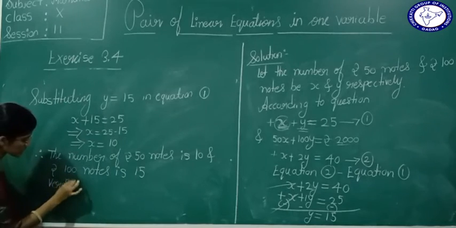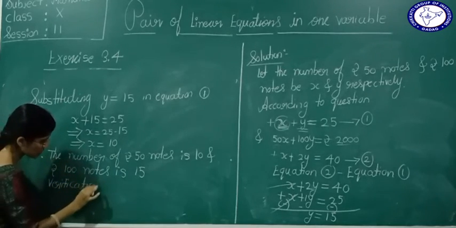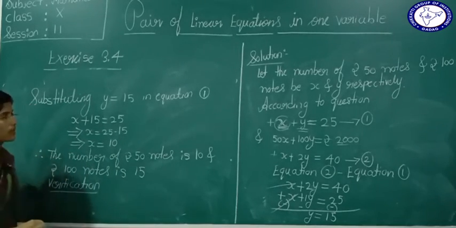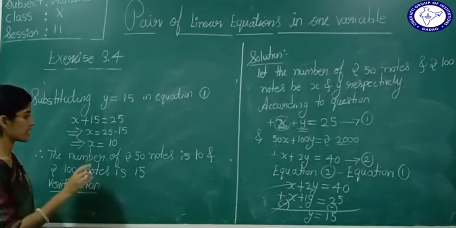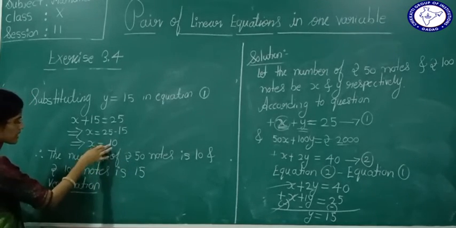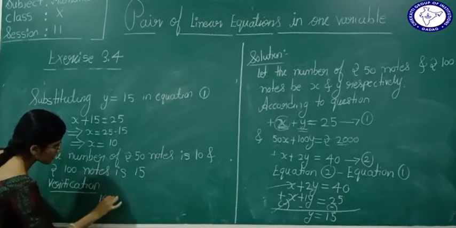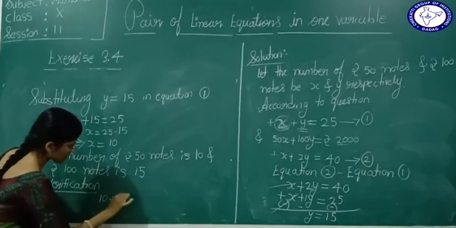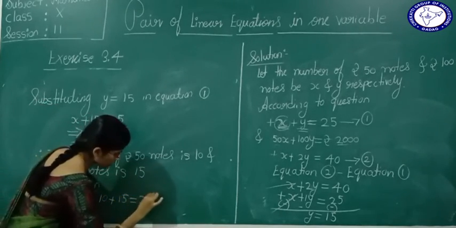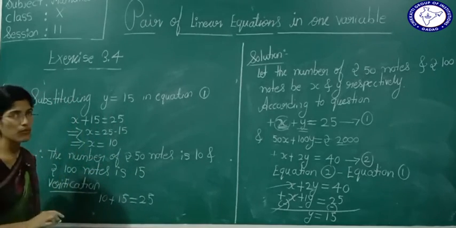Now do the verification, students. Whatever we have done, is it correct? Now see here. x plus y was 25. What is our x? 10. 10 plus 15, 25 only we are getting, no? Equation number 1.